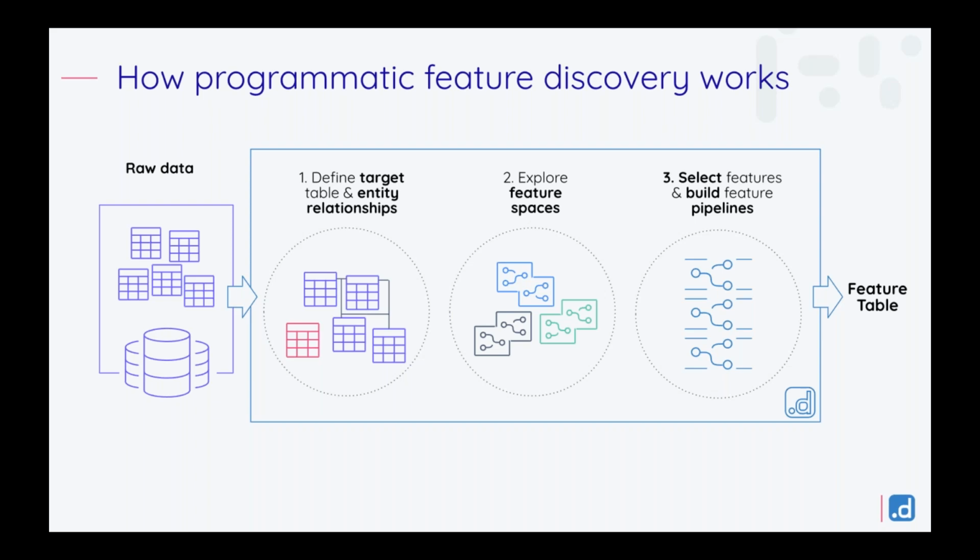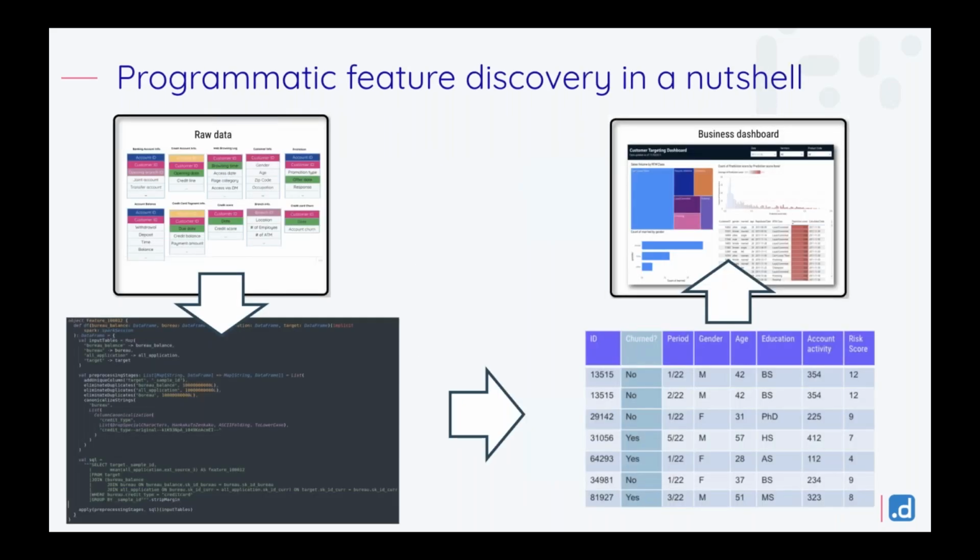And this feature table can be directly fed into this business dashboard that we are interested in. So with this new approach, instead of waiting for the domain experts to provide all the knowledge, going through that manual process of building features one at a time, ideating features one at a time, we can rely on this programmatic feature discovery engine to tell us the most important information.